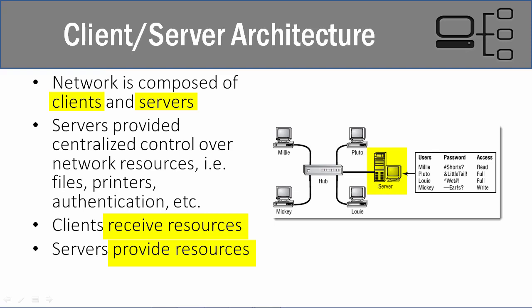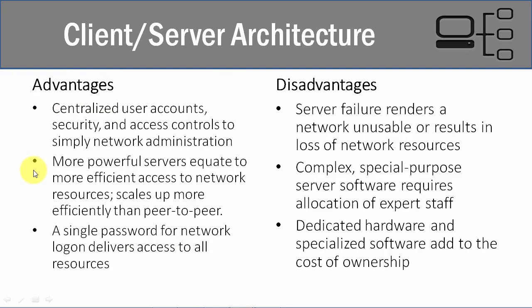So let's go ahead and talk about the pros and cons. We talked about the pros and cons of the peer-to-peer architecture. Let's talk about it for the client-server architecture. Because now that we understand that this is a more robust network and it provides greater cybersecurity and information security control, there's got to be some pros and some cons. Well, the first major advantage is that we have centralized control over everything on the network, on the user accounts, on the resources, and on access to the servers.